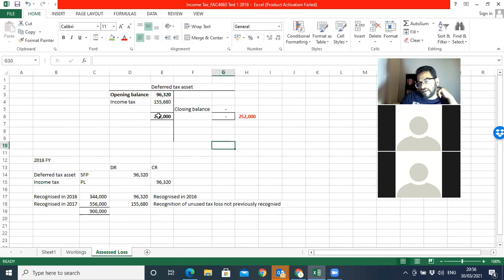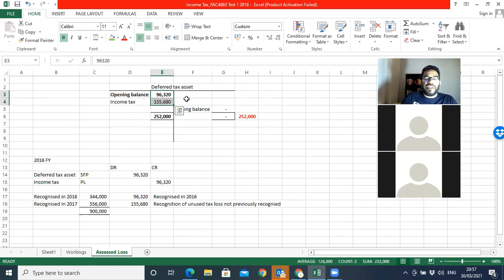So here we can see, but remember, our account is still not balanced. Now we say, okay, we recognized 344 at 28% last year. We're recognizing what we did not recognize last year, which is the 900 minus the 344, which gives us 556 at 28%. So we're happy with that. But then we're saying, okay, but now we are actually utilizing it.